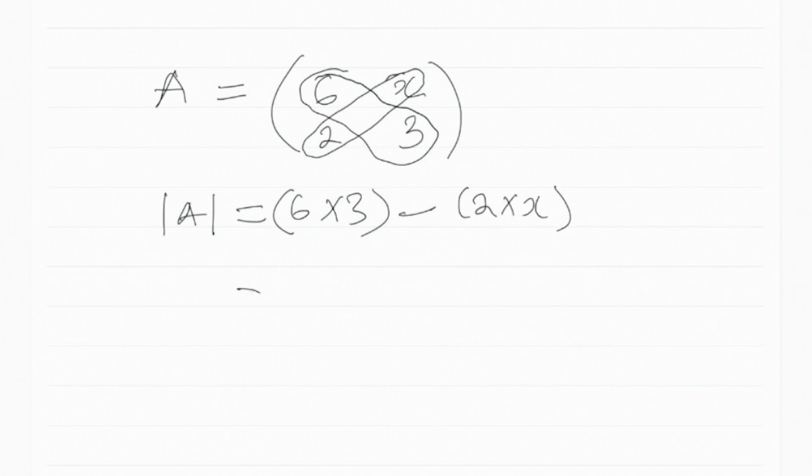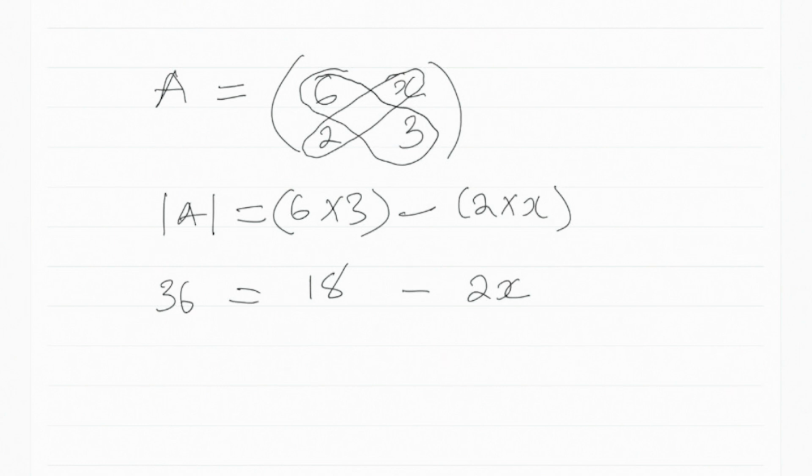When you multiply 6 times 3, you get 18. But we've already been told in the question that the determinant of this matrix is 36. So where there is that determinant symbol, we're going to put 36. Then minus 2 times x, we have our 2x there. So now we are going to simplify that equation.